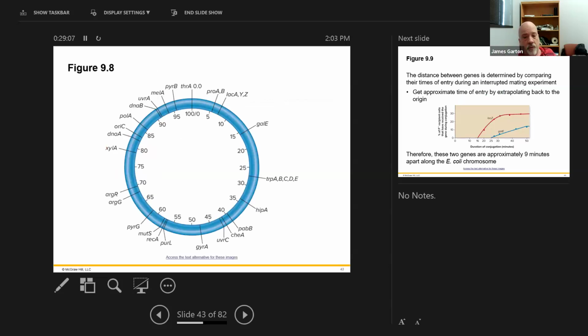And so when you map genes in this E. coli, you put the genes in minutes. How long does it take to transfer these genes without interruption until you get all the way around the chromosome?